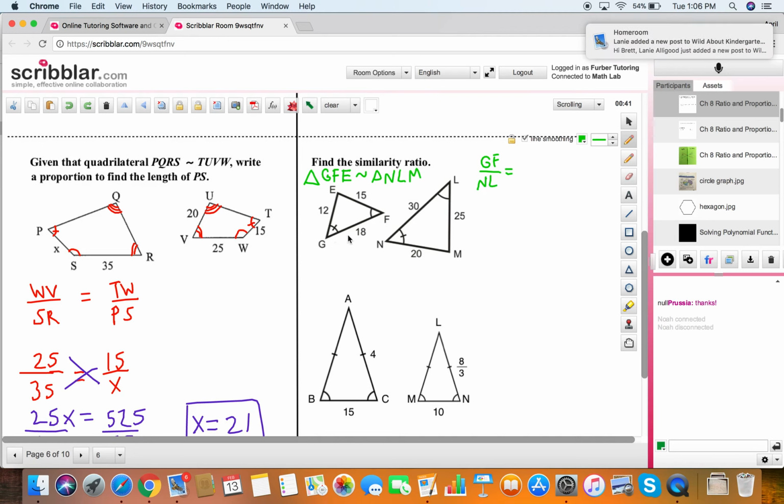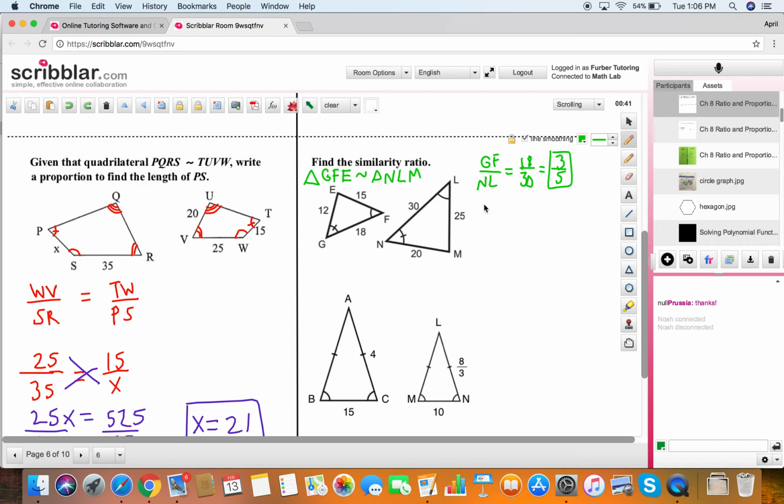So if I compare the two of them, that would be 18 to 30. Well, when you reduce that, both of those can simplify by 6. If you do 18 divided by 6, you get 3. If you do 30 divided by 6, you get 5. So that's 3/5.